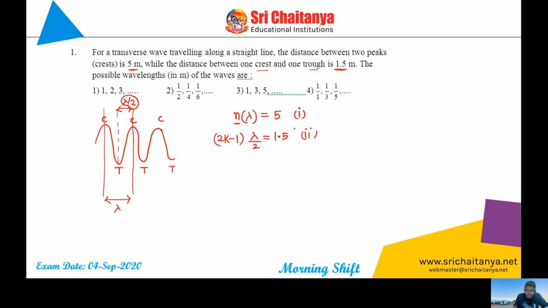And simplifying, using these two equations, you can arrive at the conclusion. Since lambda is same in both the cases, you can arrive at the conclusion that n upon (2k minus 1) is equal to 5 by 3.